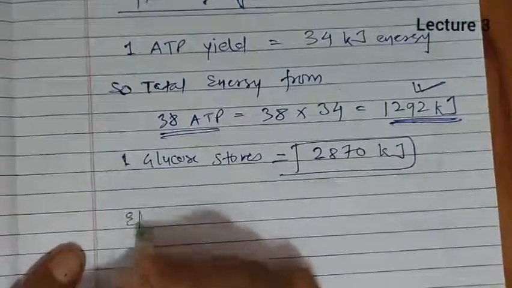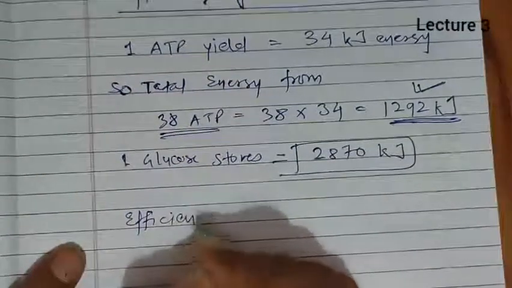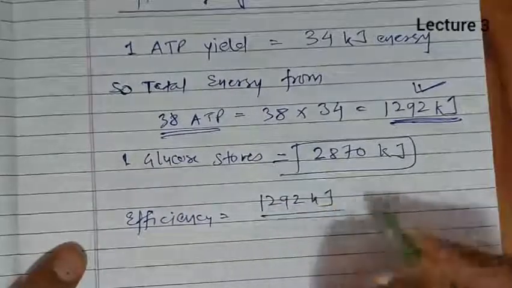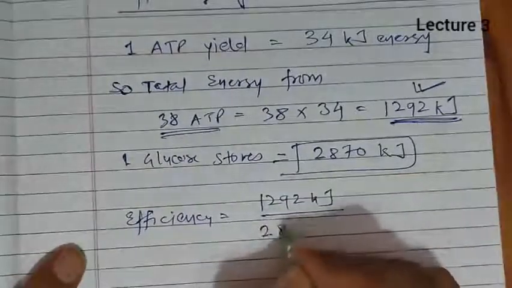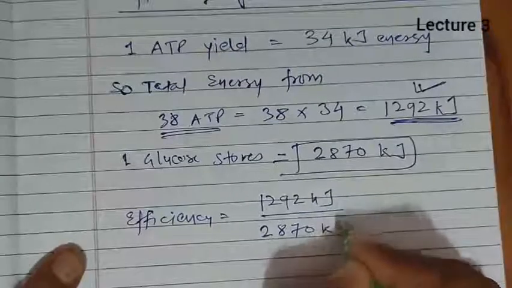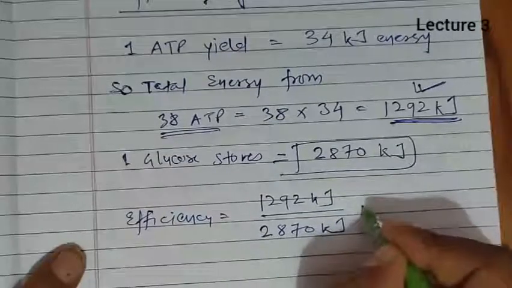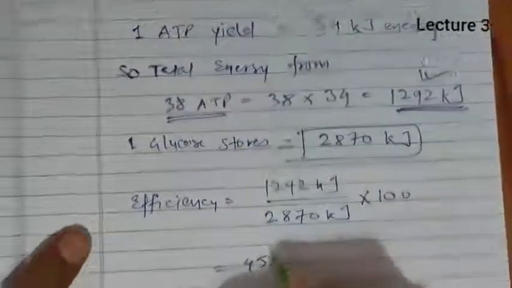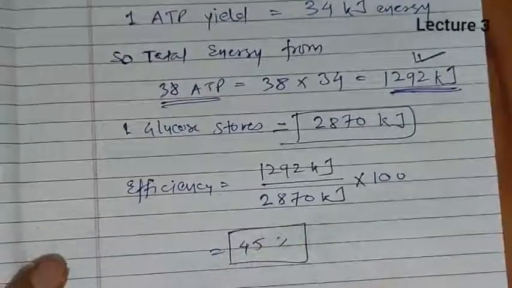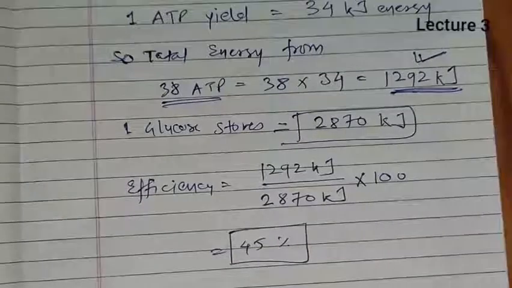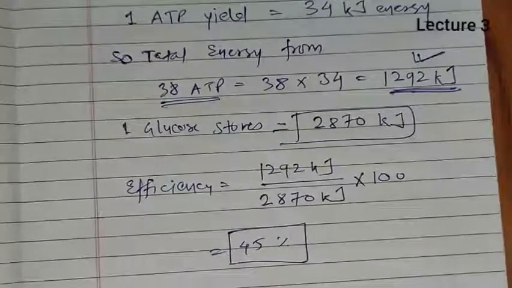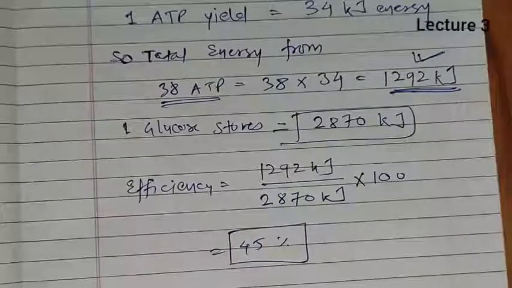So efficiency is 1292 kilojoule, equivalent to 38 ATP, out of the total energy present in glucose, which is 2870. If we calculate the efficiency, it comes to about 45%. So out of the energy stored in glucose, only 45% is released in the form of ATP from one glucose.